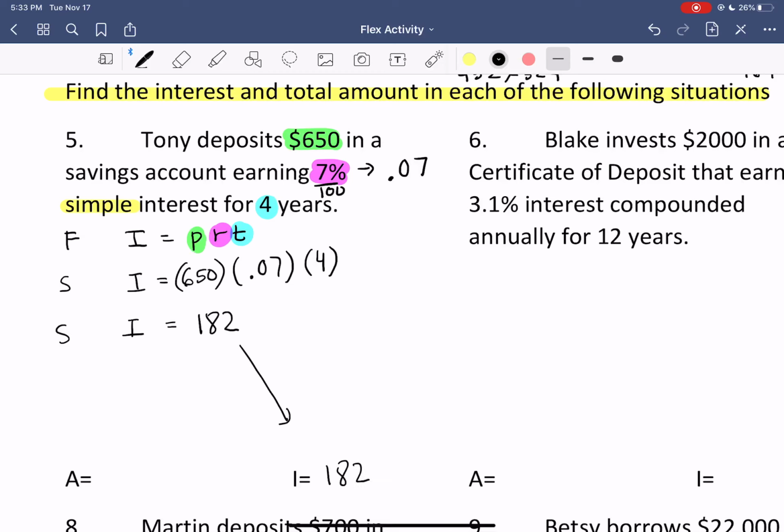So the other thing we have to find is our total amount. So Tony deposited $650, and then at the end of 4 years, he earned an additional $182.